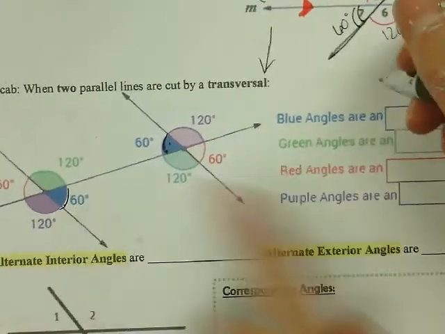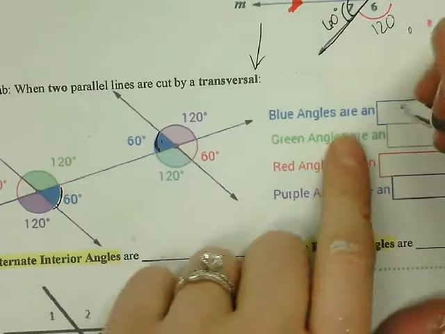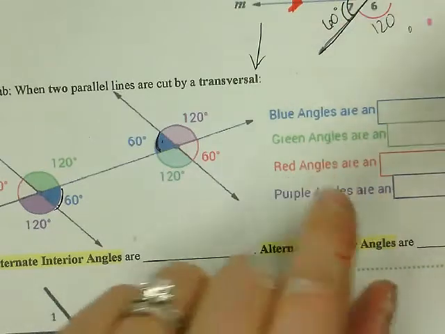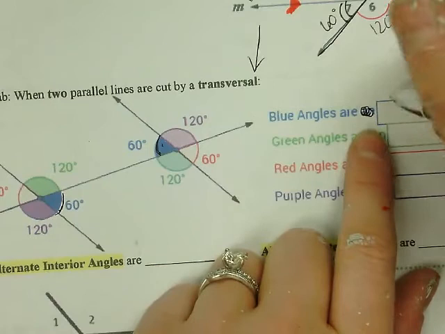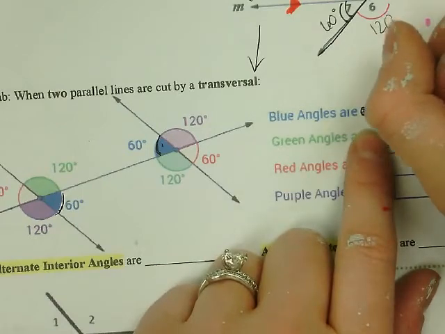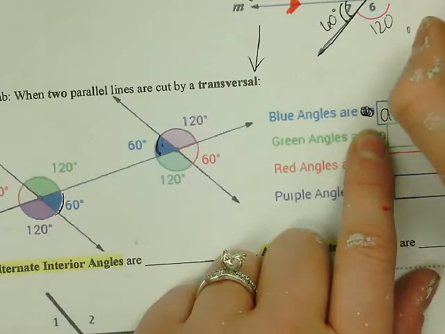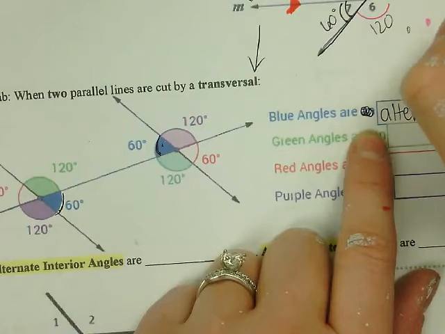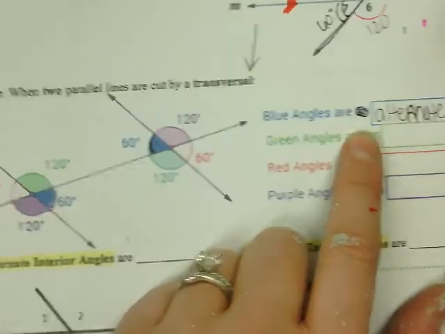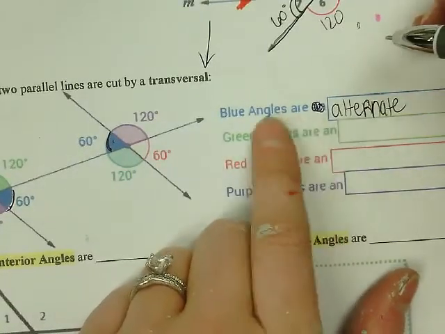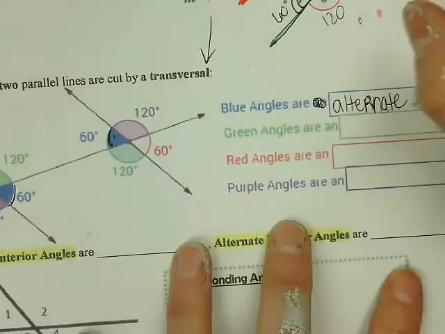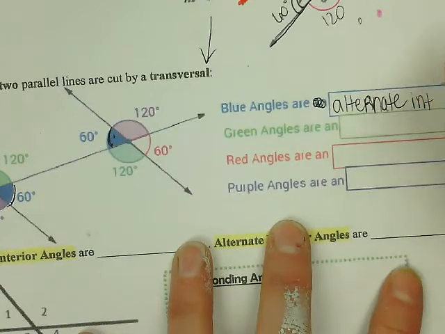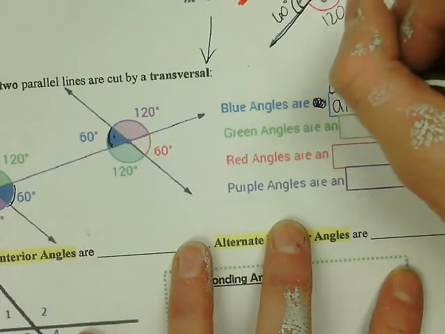Right, so blue angles, we're going to put those words together, are alternate, because we're alternating sides, and they're on the inside, so interior. Sorry, I messed up my R.